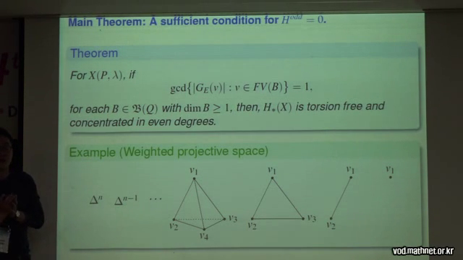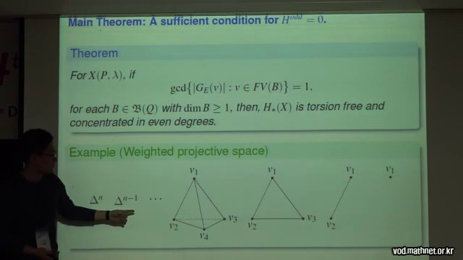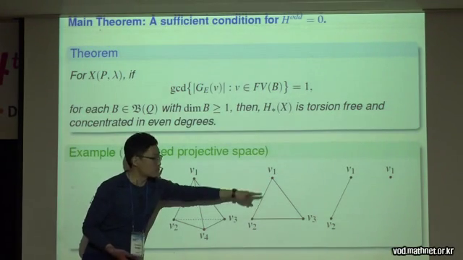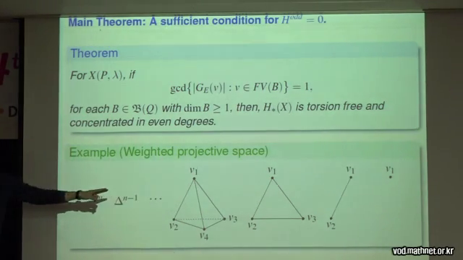And then, if you remember how to get the reduced characteristic function from the original one, you take a quotient and then take a primitive one, which gives you the GCD of these lower vertices. They are 1.